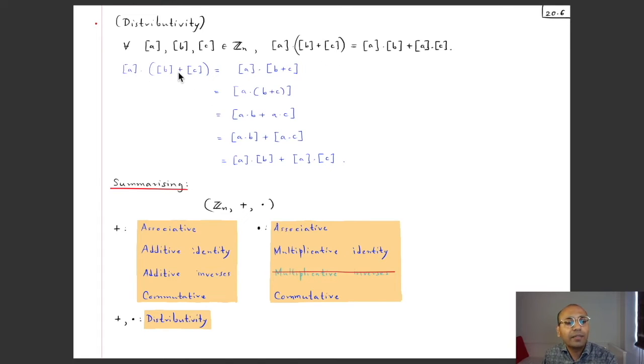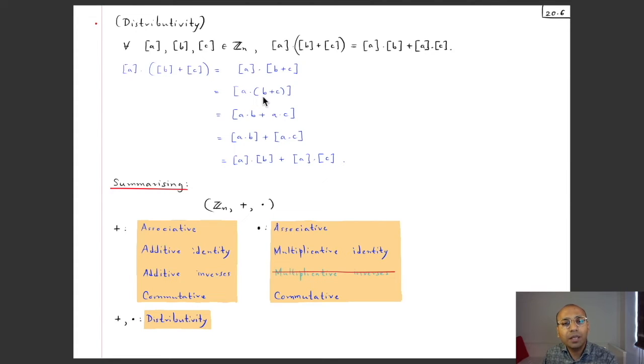We have, by the definition of addition modulo n, that this thing is the equivalence class containing B plus C. But now, by the definition of multiplication modulo n, this is the equivalence class containing A times (B plus C).